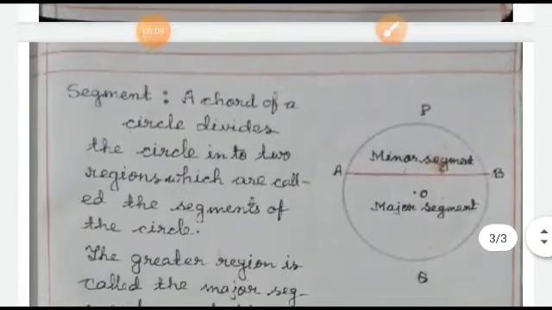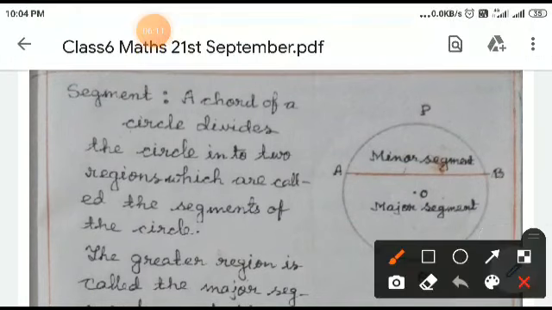Now segment. In the figure, it is a circle with center O. We have taken 2 points A and B on the circumference. Joining A and B, we get the chord AB. Now, APB is the arc.